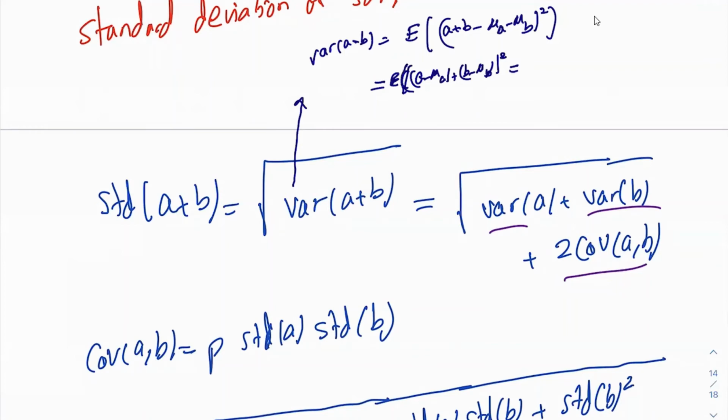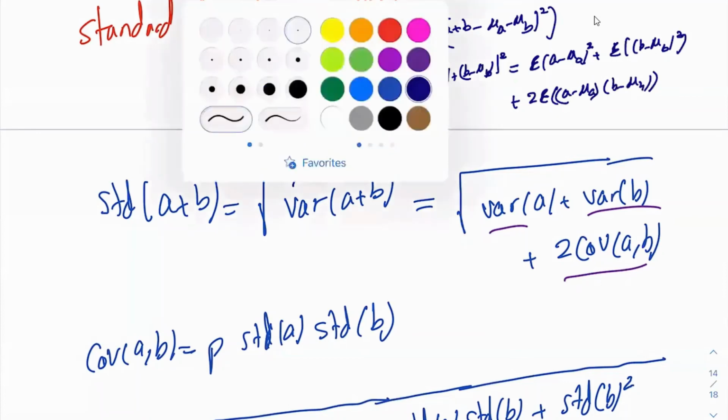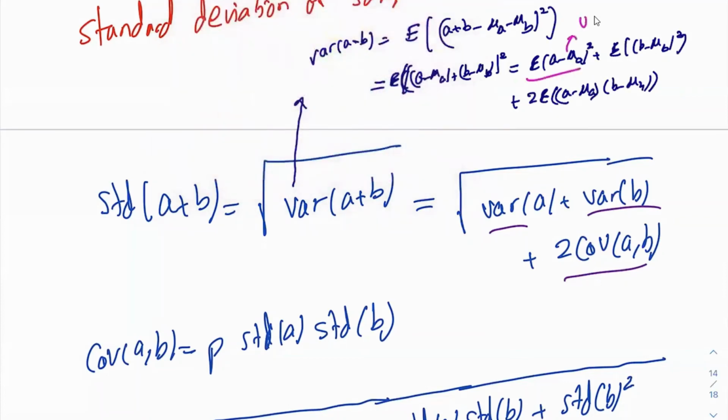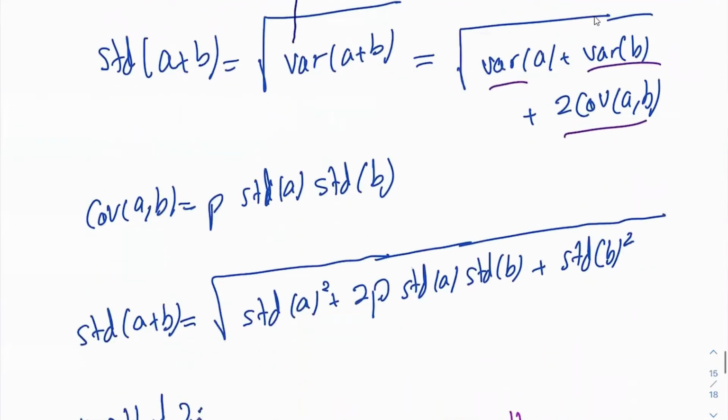So it's going to be the expected value of A minus mu of A squared, plus the expected value of B minus mu of B squared, plus 2 times the expected value of A minus mu of A, B minus mu of B. Now it's clear, right? This one is the variance of A, this one is the variance of B, and this one is 2 covariance of A and B. So that's why we came up with this.